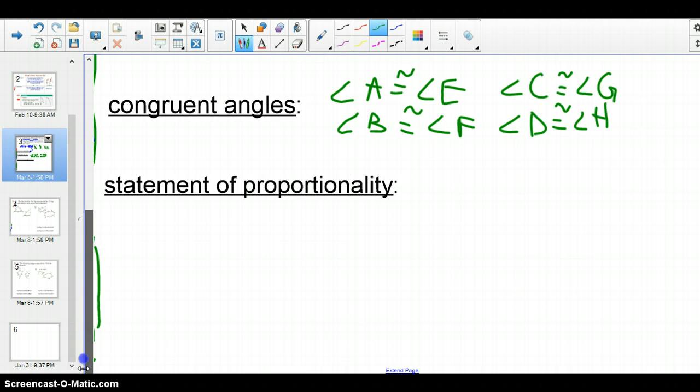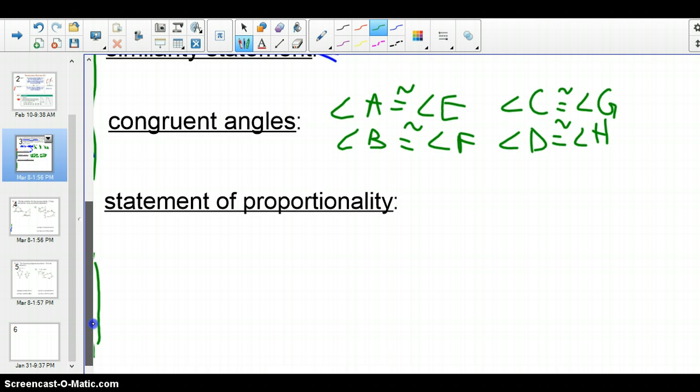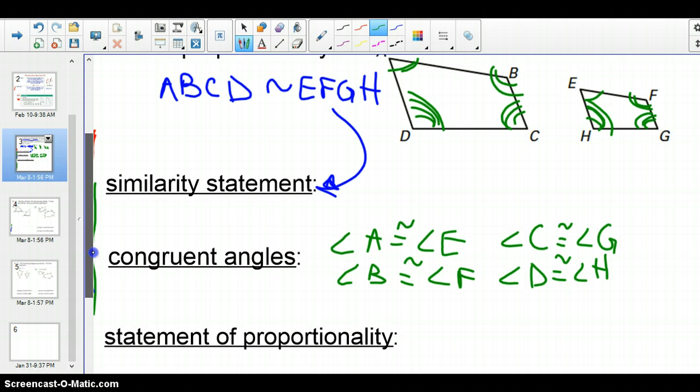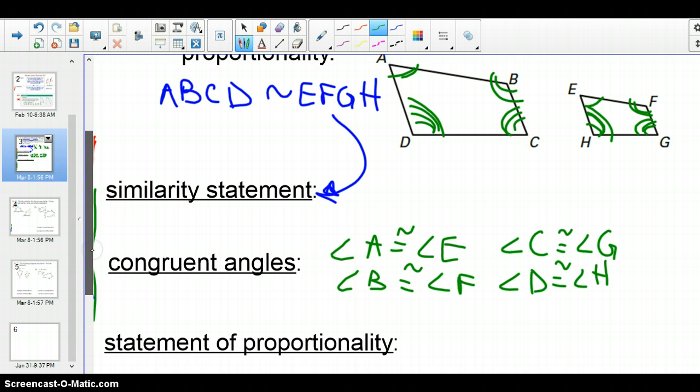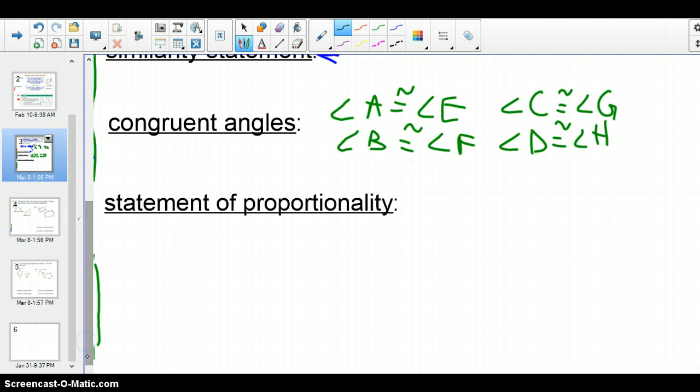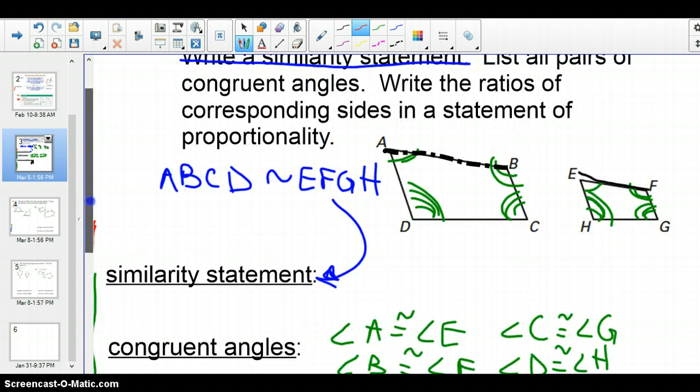Okay. Statement of proportionality is just where you list off all the sides that are proportional. So if I go through my quad, side AB is proportional to side EF, so we can write that. And we can write that statement for all of the sides.